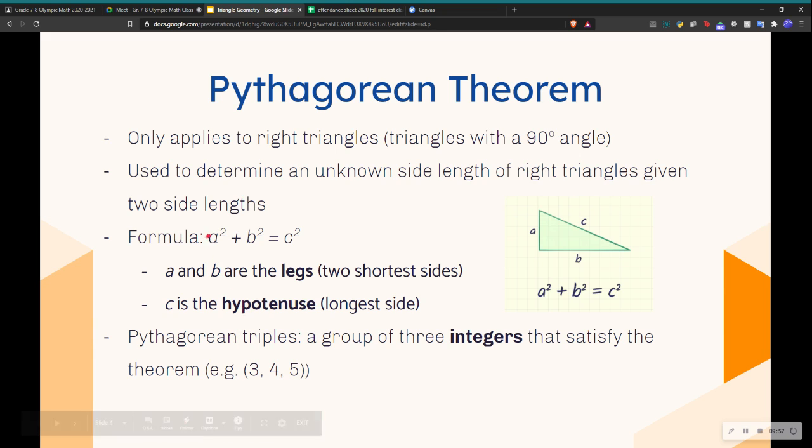If you substitute this into the equation, you get 3 squared plus 4 squared equals 5 squared. And if you do the math, that works. Any questions about this? No questions? Okay, let's move on.